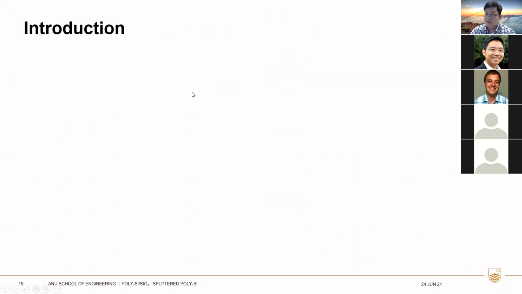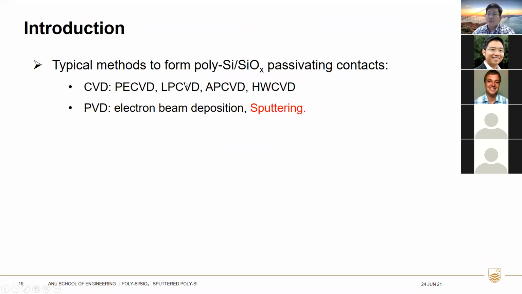So let's continue with the introduction here. We know the typical methods to form polysilicon passivating contacts. They are CVD, and I can list a few here: PECVD, LPCVD, atmospheric CVD, and hot wire CVD. Also, for the PVD methods, we often use electron beam deposition and sputtering.